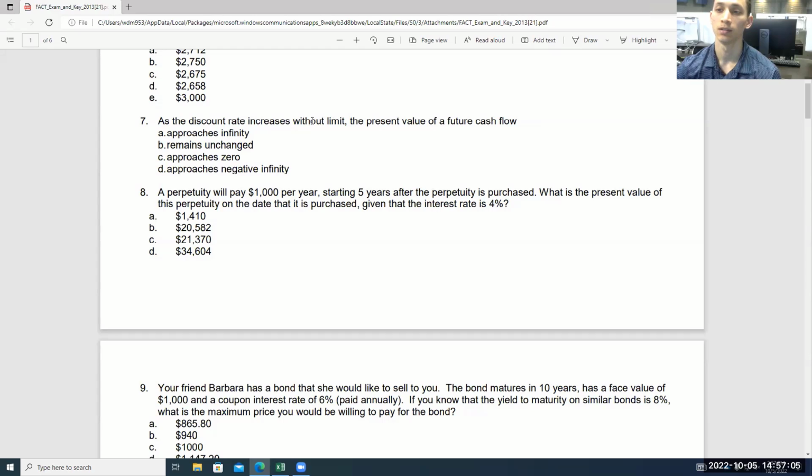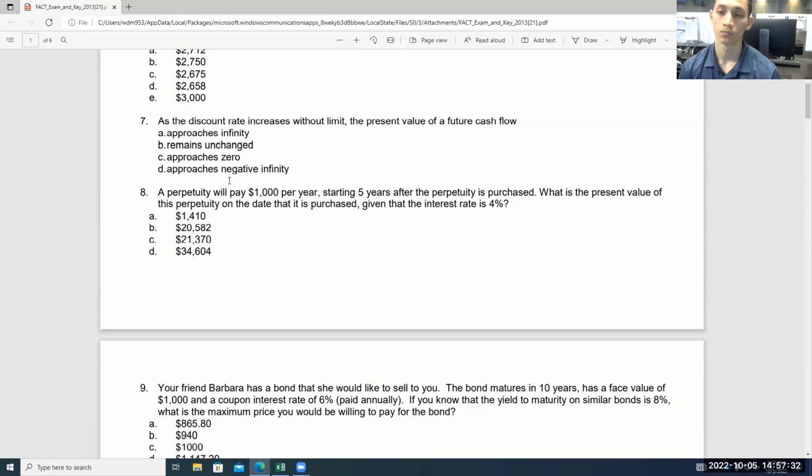Now they might ask the question, as the discount rate increases without limit, what happens to the future value? Does it increase? Yeah, that approaches infinity. And then for the future value, if the discount rate declines, it doesn't approach 0.